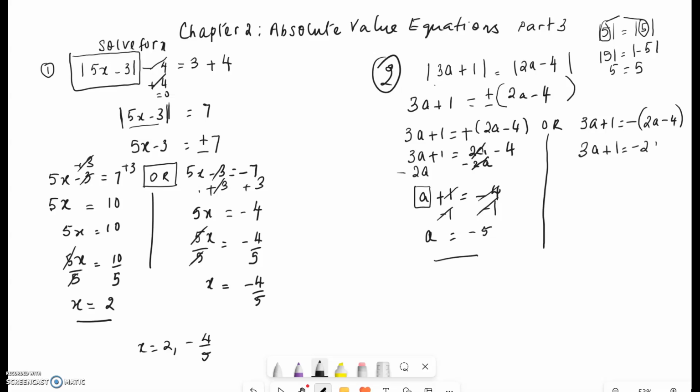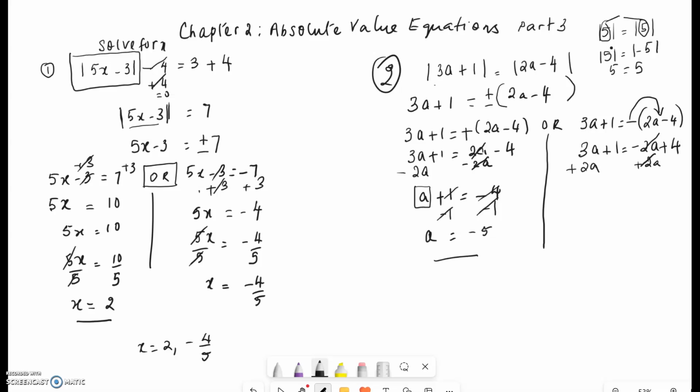3a plus 1 equals negative 2a, and then negative times negative is positive 4. Distribute the negative sign. Now we're trying to solve for a, so we're going to add 2a on both sides because we want to have all the a's on one side, which means we're getting rid of the term containing a on the right by adding 2a.